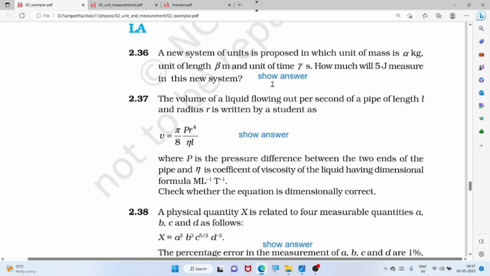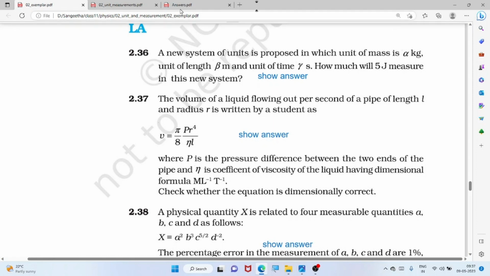A new system of units is proposed. So the unit of mass is alpha kg, units of length beta, and the unit of time. These things are given.